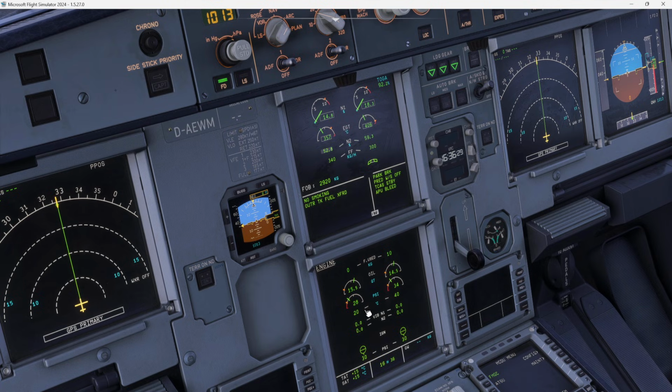We have good start. At 18 it is going to be available. Boom, available. 35, 59 as we said, and available.